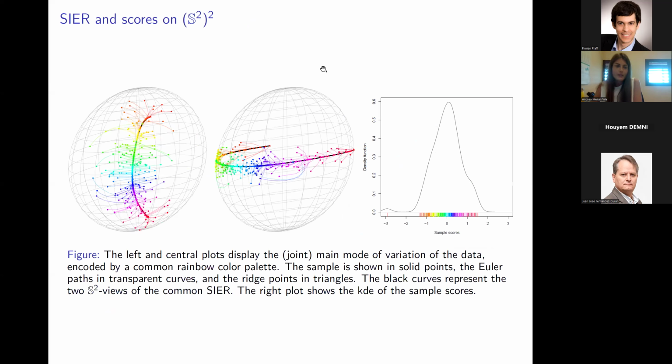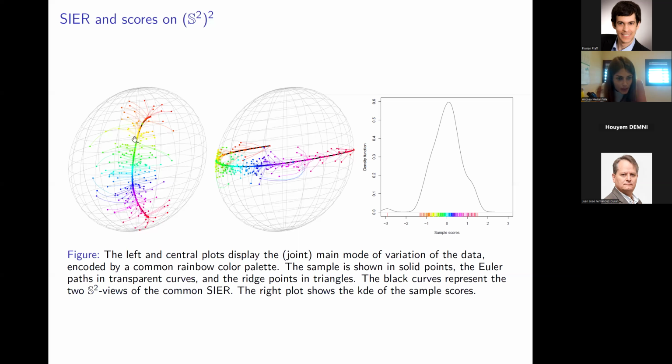The results regarding the SIRE and scores on the product of two hyperspheres of dimension 2 are shown in these pictures. In the left and central plots, we have the main mode of variation of the data. The solid points indicate the sample points. We have the Euler paths with these transparent curves.